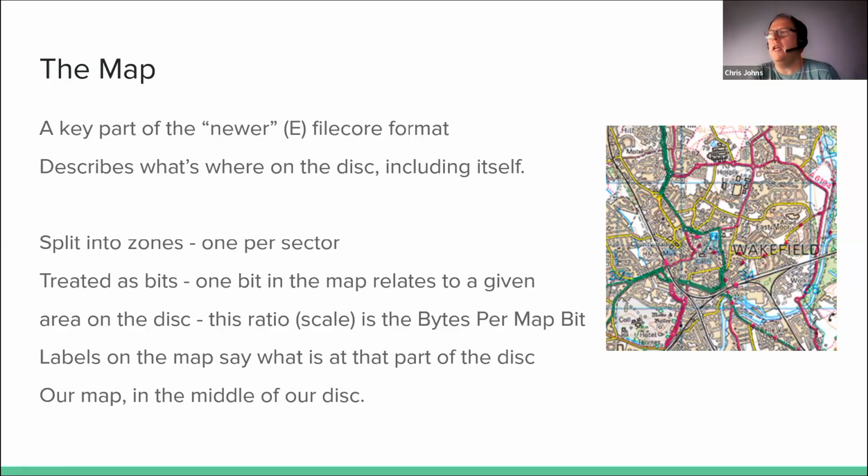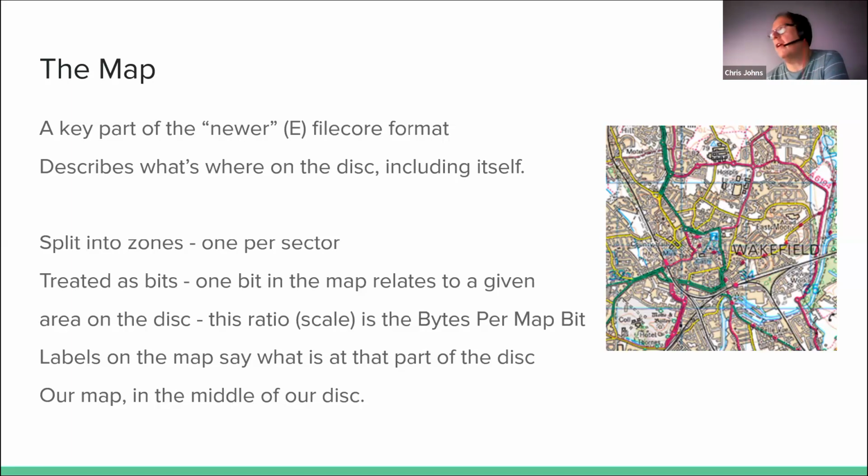And because it's quite a key thing, every time you need to do anything, you need to go to the map. If you have a physical spinning disk with heads that move, if it's in the middle, maybe you only have to move half. You don't ever have to move up to halfway across the disk. If you put it at the front, right at the beginning, if your head was currently at the far end of the disk, you'd have to go all the way back to the start.